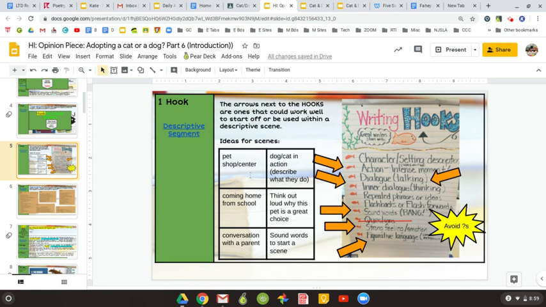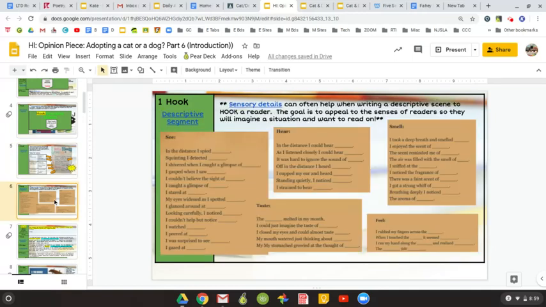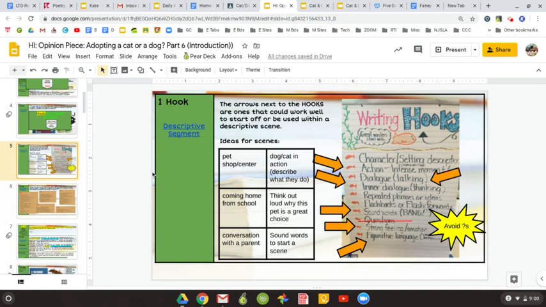When you're talking about walking into a pet shop and describing all of the sights and sounds and all of the choices, and then narrowing it down to the one that you think is the best, you could definitely describe with sensory details being inside a pet shop. Okay. Another scene that works well could be coming home from school or coming into your home. Any scenario where you're with an animal and you want someone else to picture what it's like.